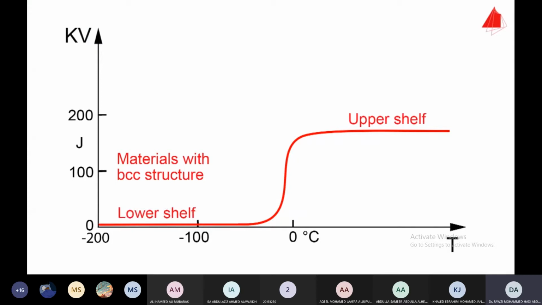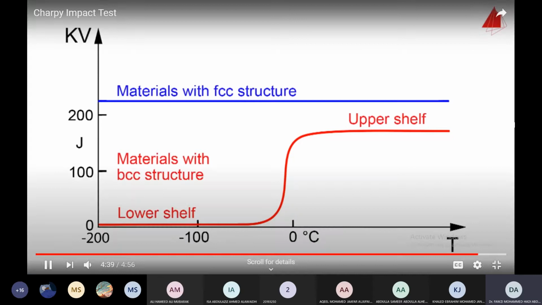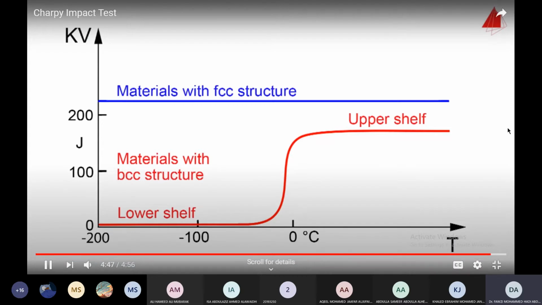At low temperatures, in the lower shelf region, only a small amount of impact energy is absorbed and brittle fractures occur. Metallic materials with a face-centered cubic crystal structure, on the other hand, do not experience a ductile to brittle transition. These materials retain their ductile behavior towards low temperatures and are therefore well suited for low temperature applications.